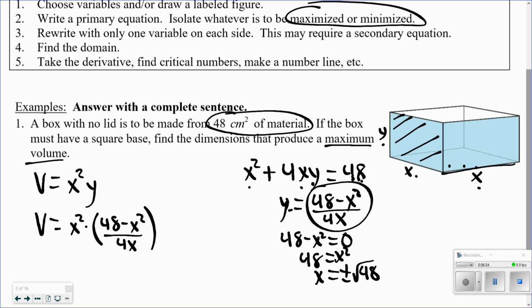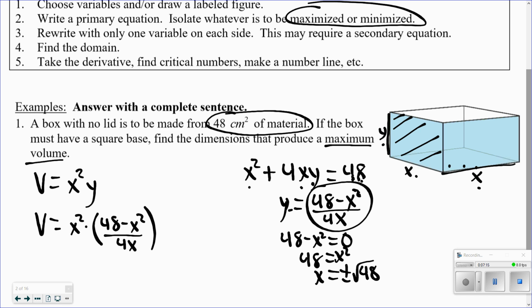If x squared is greater than 48, for example, if x were the square root of 49, when I squared it I'd get 49. 48 minus 49 would be a negative number. And that means y would equal a negative, which is not possible. So I know x has to be smaller than the square root of 48.